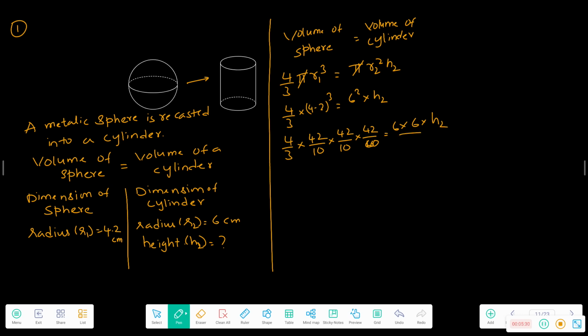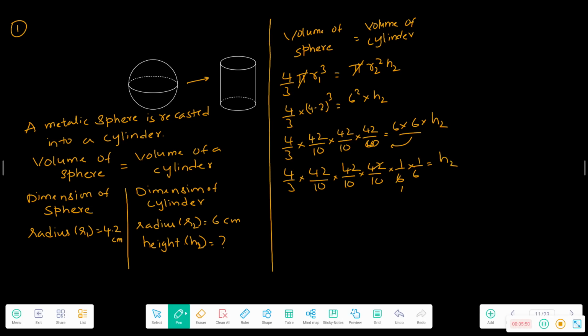Now transpose the 6 to the other side. So 4 by 3 into 42 by 10 into 42 by 10 into 42 by 10 into 1 by 6 into 1 by 6 equals h2.